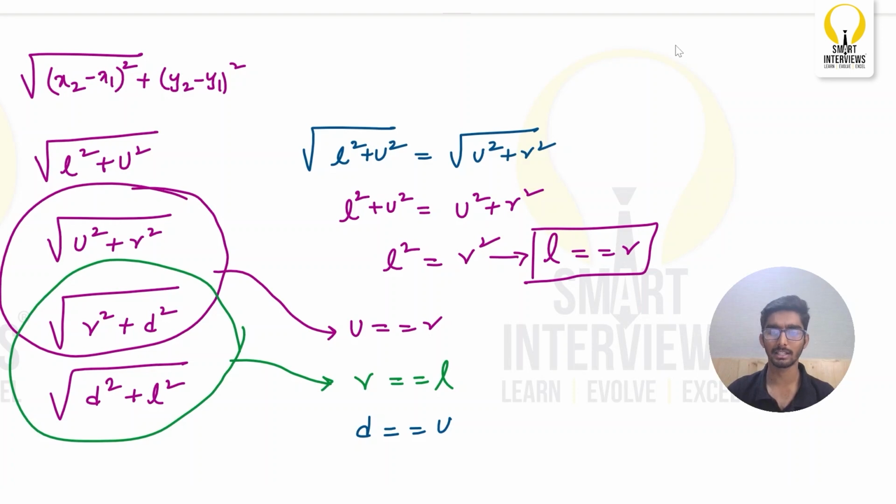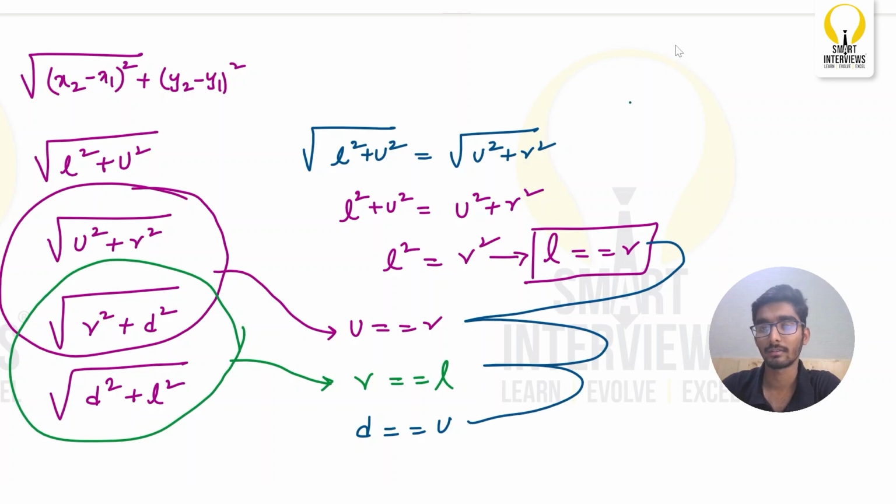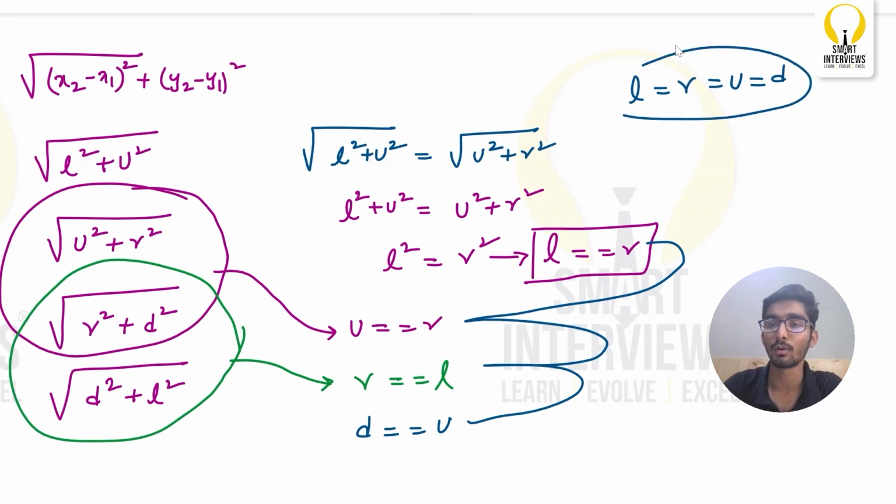If you see these four equations, we get that l must be equal to r, r must be equal to u, and u must be equal to d. So all the four have to be the same.